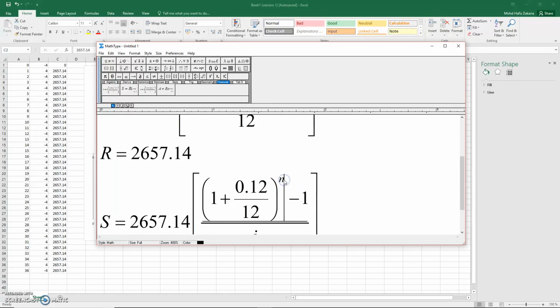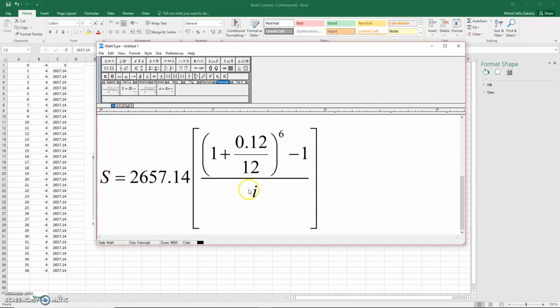It depends on how long the outstanding is. In this case, the payment is to be made on the 6th month, so we calculate it on the 6th month, including the sixth payment, to get the total amount that needs to be paid. So n is 6, 0.12 over 12, and calculate for S.